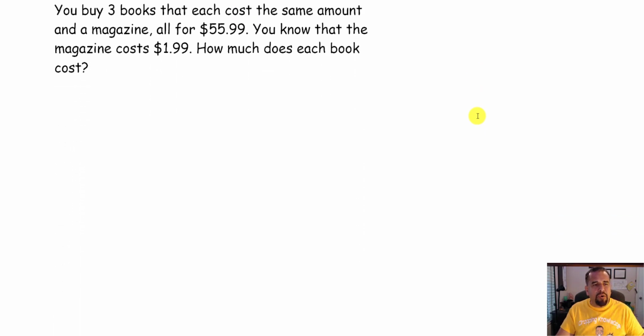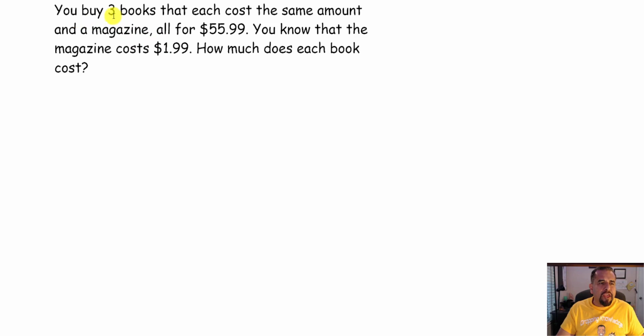Now, let's take a look at a real-world scenario here. We have a problem, and now we have to dissect it and pull the information out so that we can write our equation. You buy 3 books that each cost the same amount, plus a magazine.